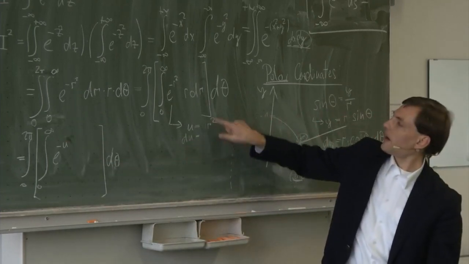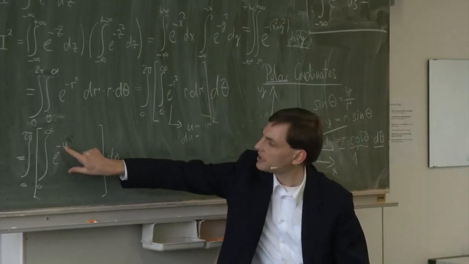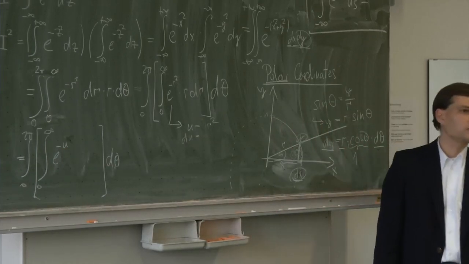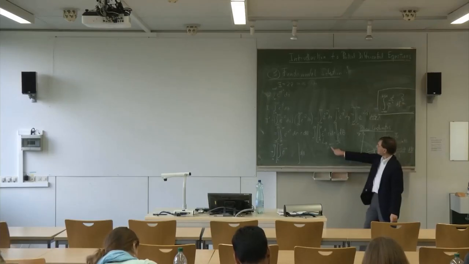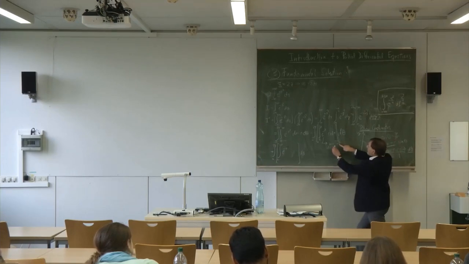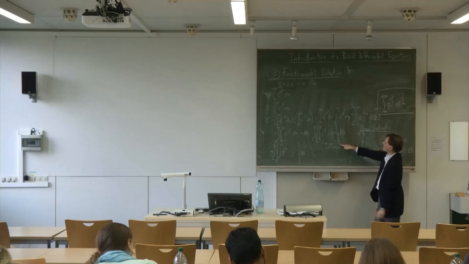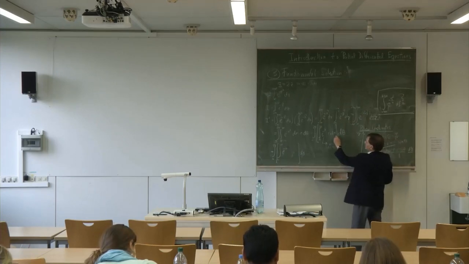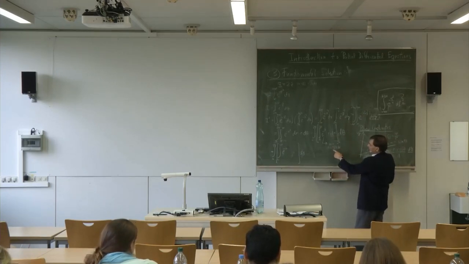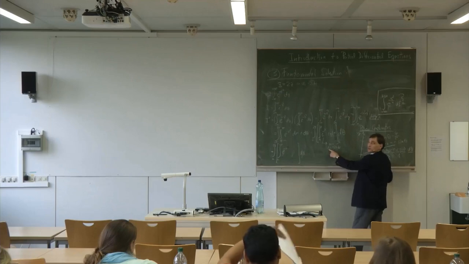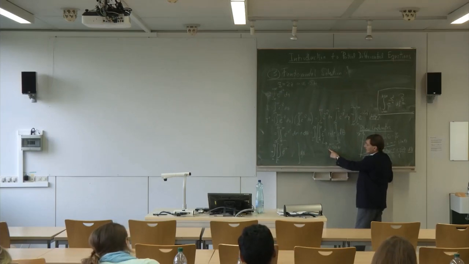Then, for r squared, I write u. That gives me e to the exponent minus u. If I do the derivative, I have du, and here I have 2 times r dr. So I bring the 2 over r here.